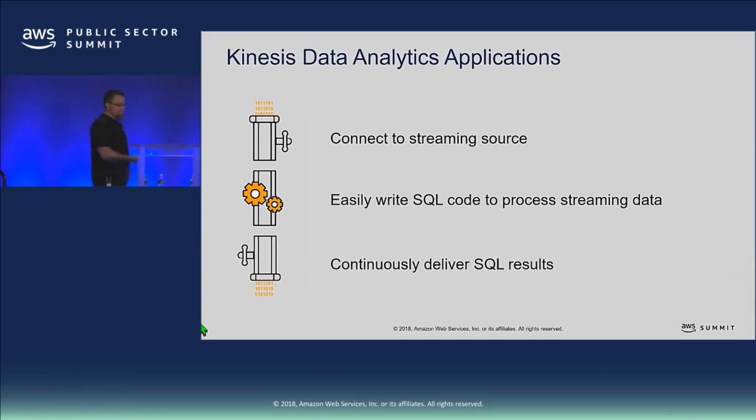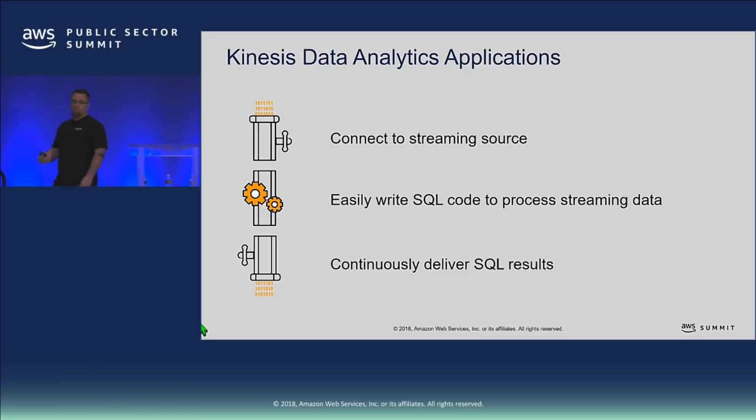There's really three steps that you'll have with creating a Kinesis Data Analytics application. The first thing is you're going to have your source input, which is one of those Kinesis Data Streams or Data Firehoses. You're going to write some SQL code that allows you to ingest that data off of that stream and then start running your transformations in there.